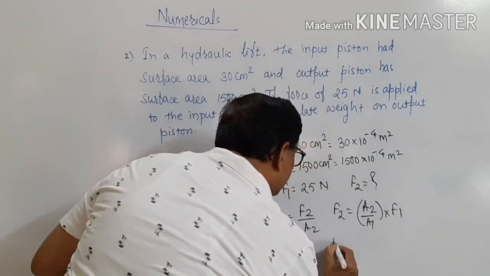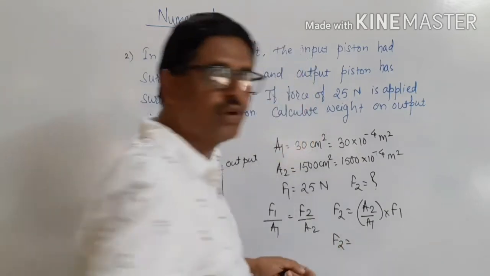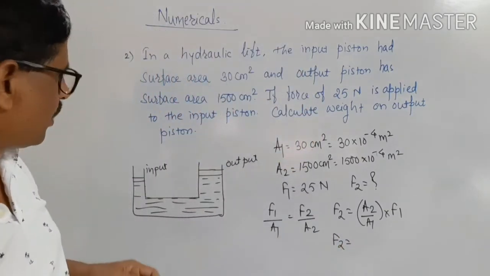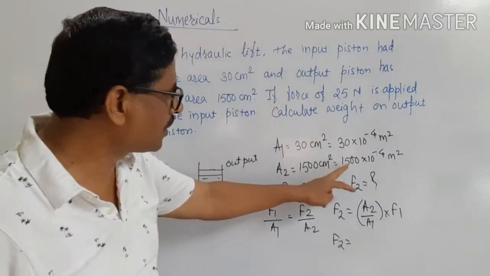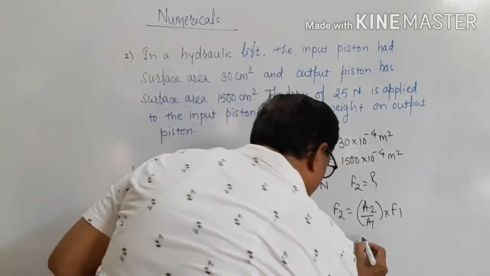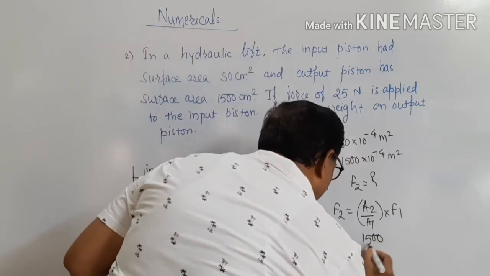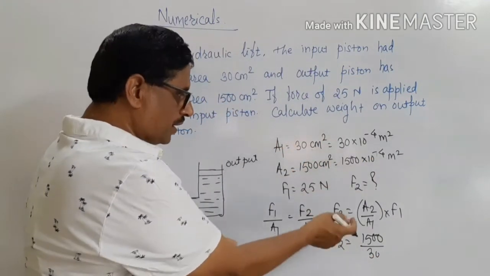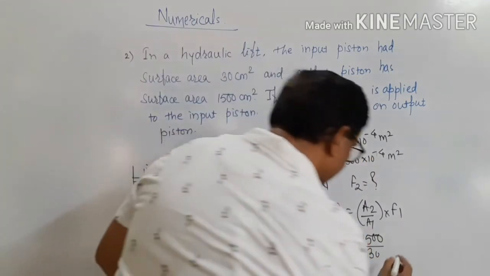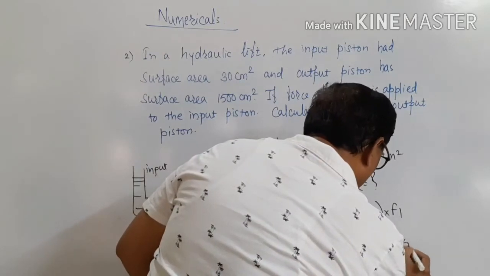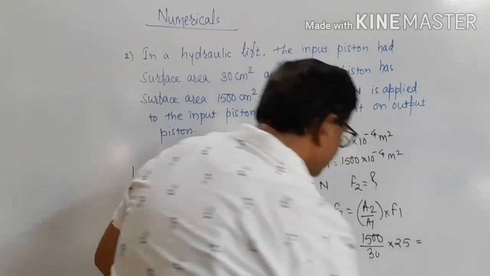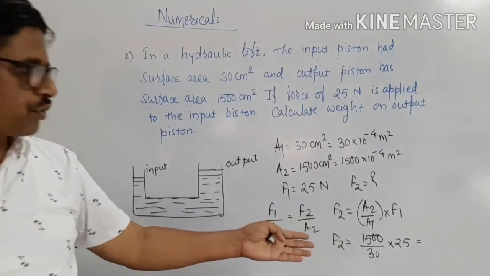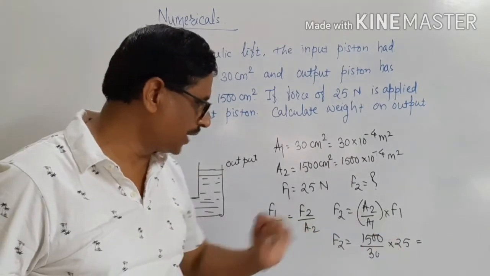F2 is equal to what? A2 is 1500. It's 1500 divided by 30, 10 to the power 4 in the numerator and denominator get cancelled, and it should be multiplied by the input force, that is 25 Newton.